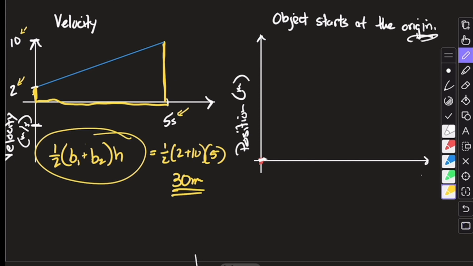I can construct a position graph, understanding that my entire interval is 5 seconds. And the motion goes from the origin to 30 meters. I have 2 points now. Now, to connect those, not a straight line, but I will notice that at time 0, the slope is 2.